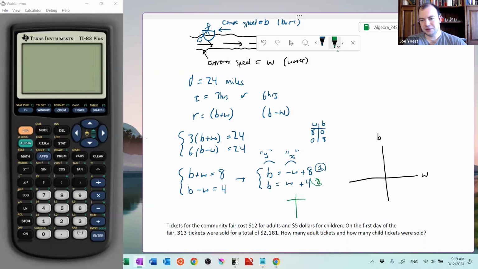From equation 2, I know that when W is 0, B is 4. I know I'm going to be looking for a first quadrant solution here where B is positive and W is positive. So maybe instead of doing something like W is negative 4, B is 0, maybe I'll try to find another first quadrant number, maybe like 2, 6. So I see W goes from 0 to 8. B also goes from 0 to 8.